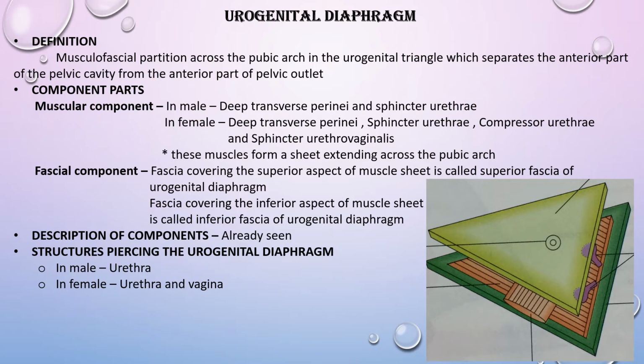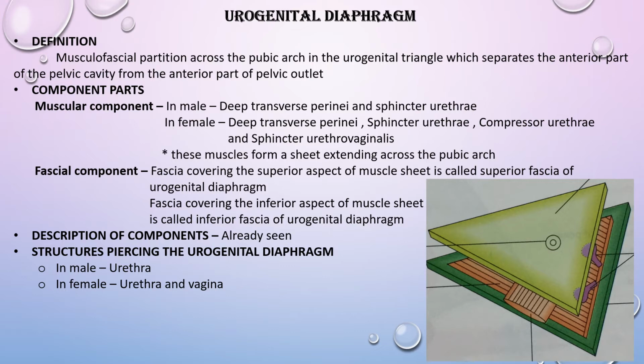Coming to the component parts of the urogenital diaphragm, it is divided into a muscular component and a fascial component. If you take the muscular component, in male, two muscles form it: deep transverse perineae and sphincter urethrae.